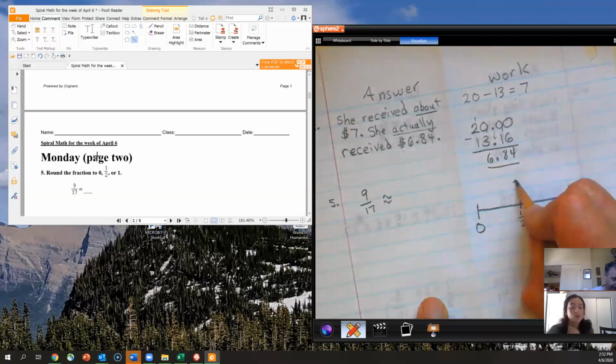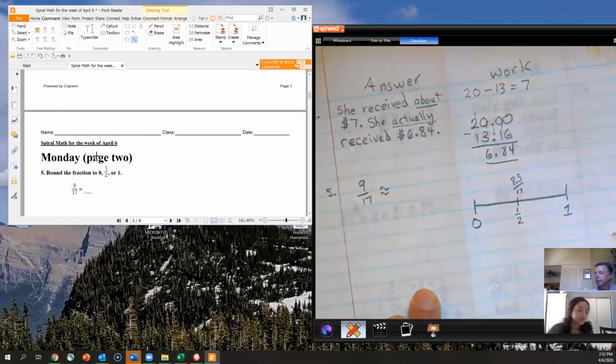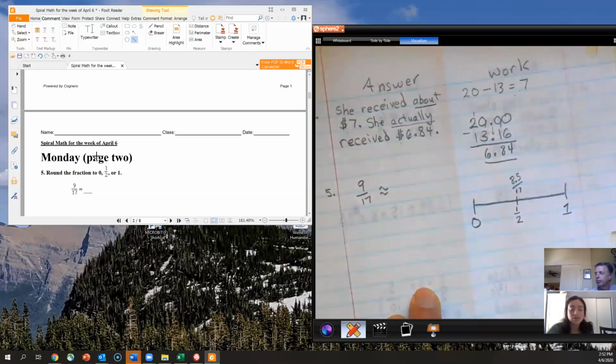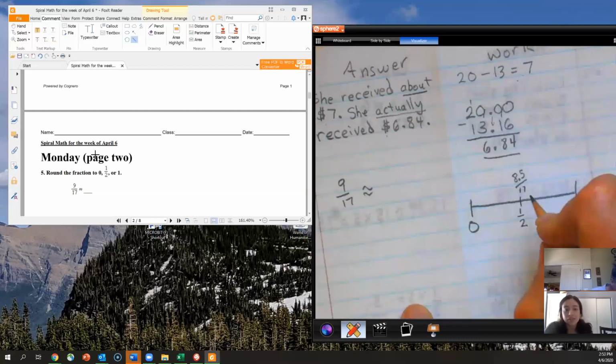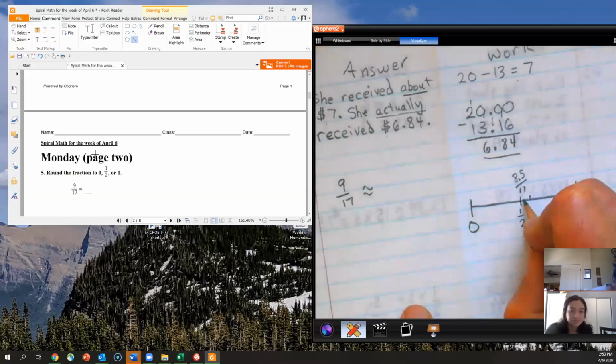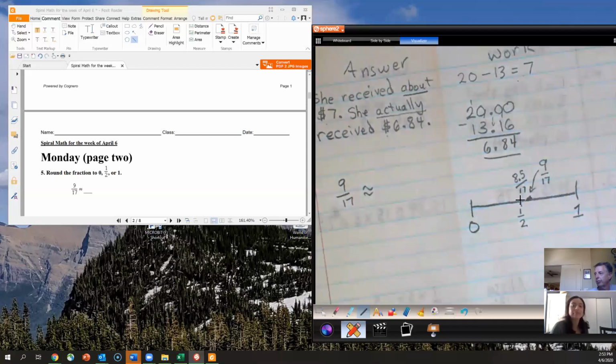So I saw that 9 was a little bit bigger, like half a number, than 8.5. So I put my dot right next to the 1/2. And so I said that 9/17, based on my number line, is about 1/2.